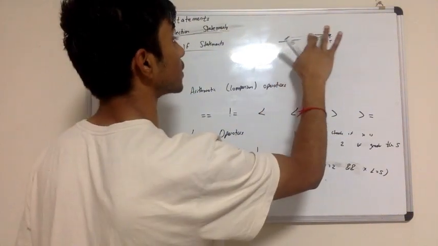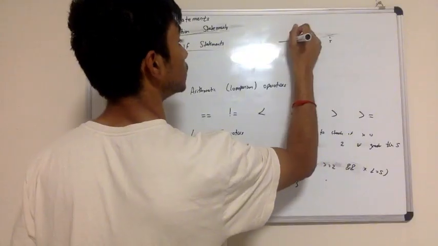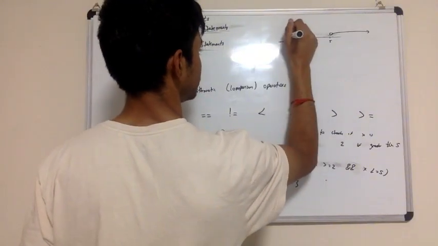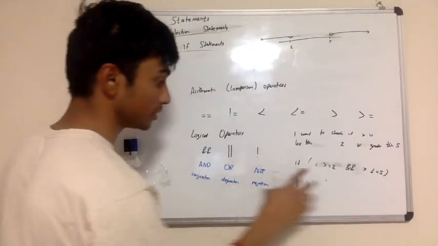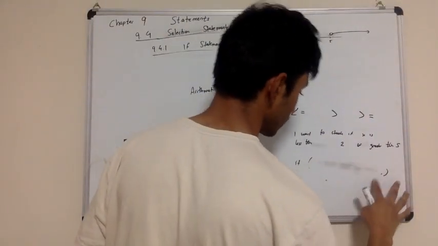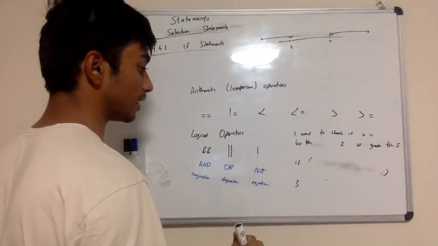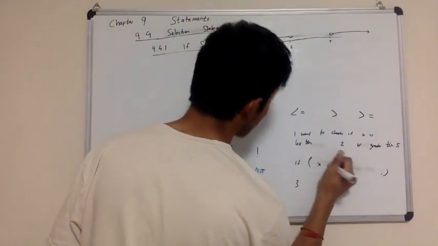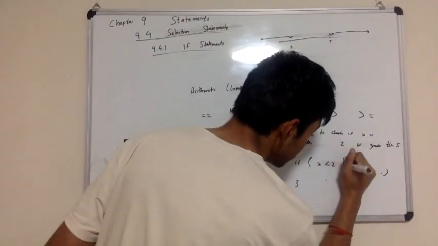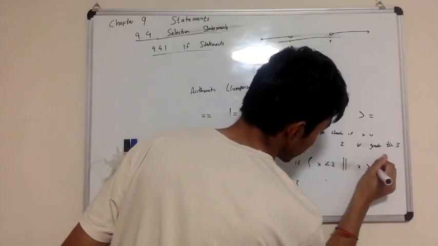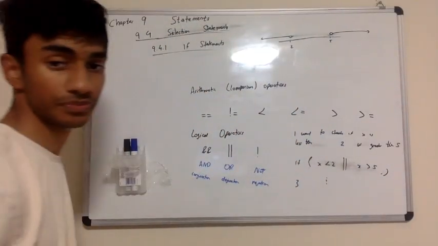Now I'm checking if x is either here or here. So one way, using the OR operator, is saying if x is less than 2, strictly less than 2 this time, or x is greater than 5, then do this, right?